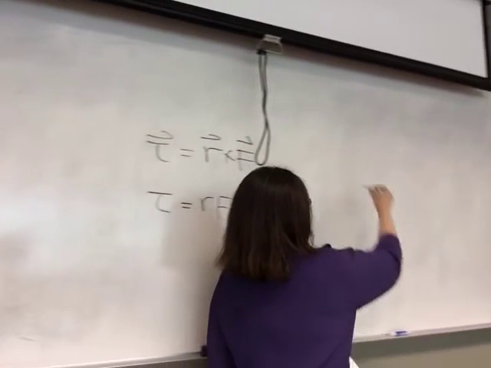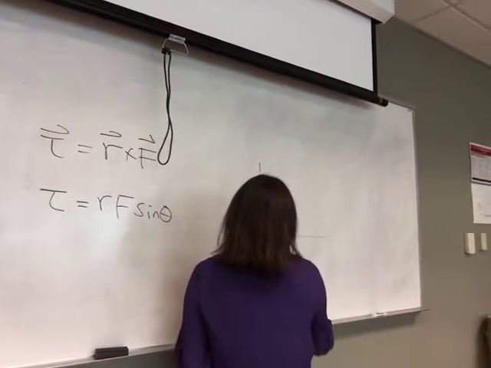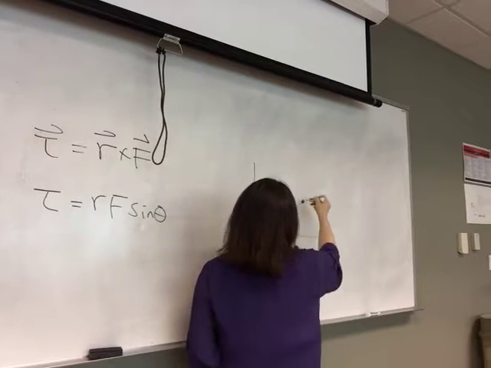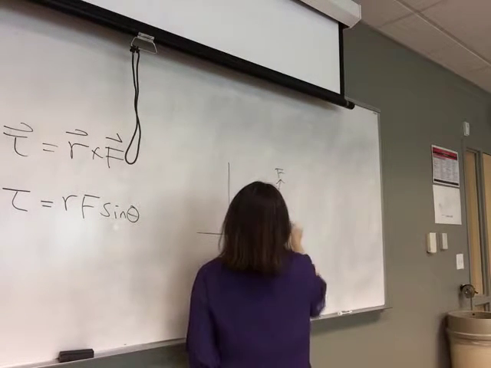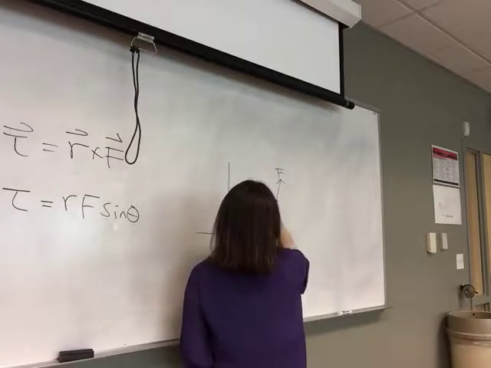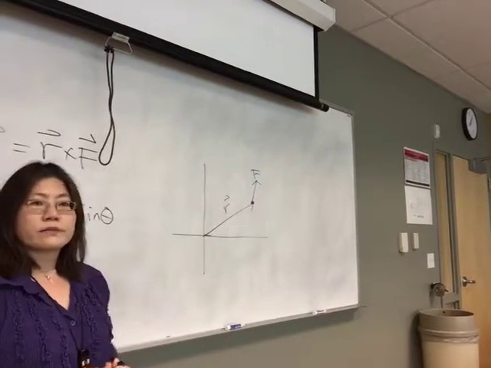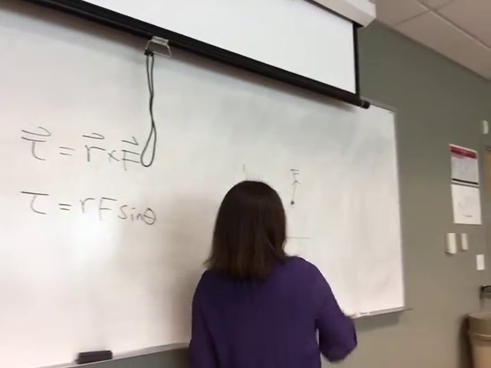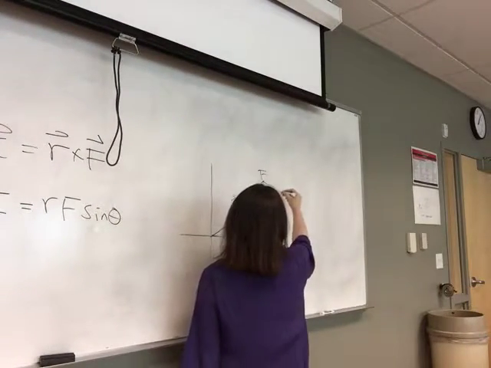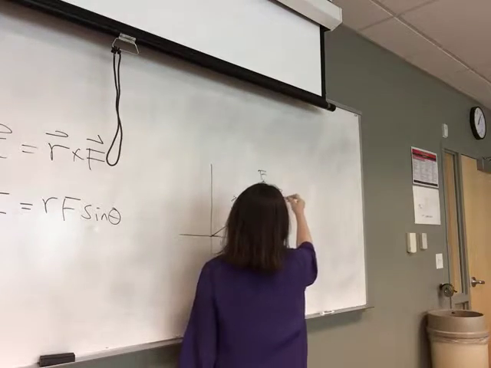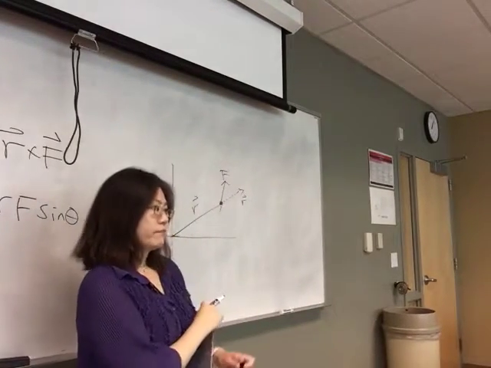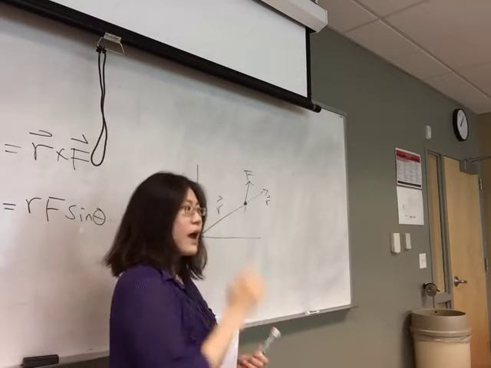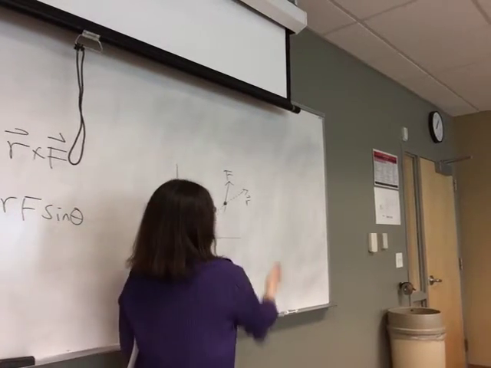Let's say this is the bar, and you apply a force right here, and this is the distance R. What is the direction of torque? What you want to do is draw an extension of your R. Whenever you have a vector product, you have to use the right-hand rule.